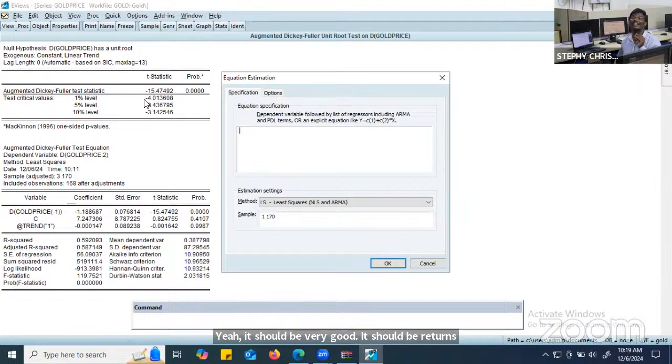I told you, the returns is stationary and gold price is non-stationary. So, RETURNS has come already. Just double click it. What are you supposed to do? C space AR1. What is AR1? Autoregressive of lag length 1, space MA1.